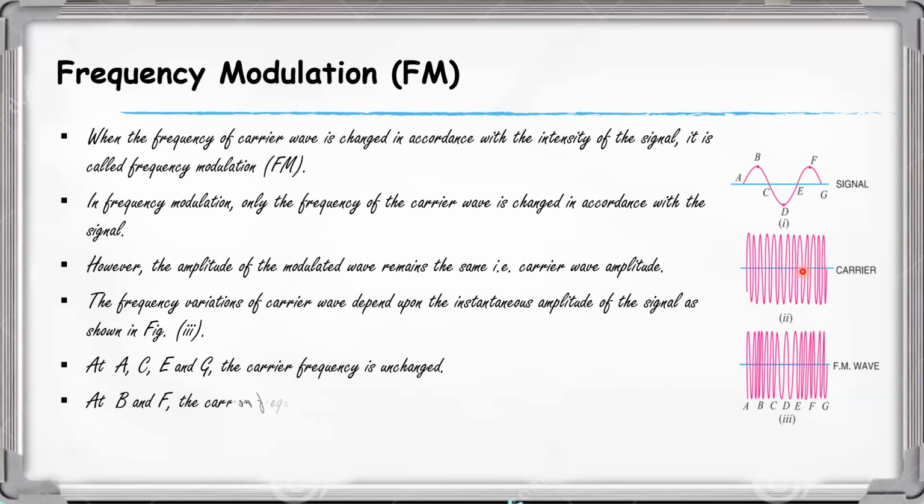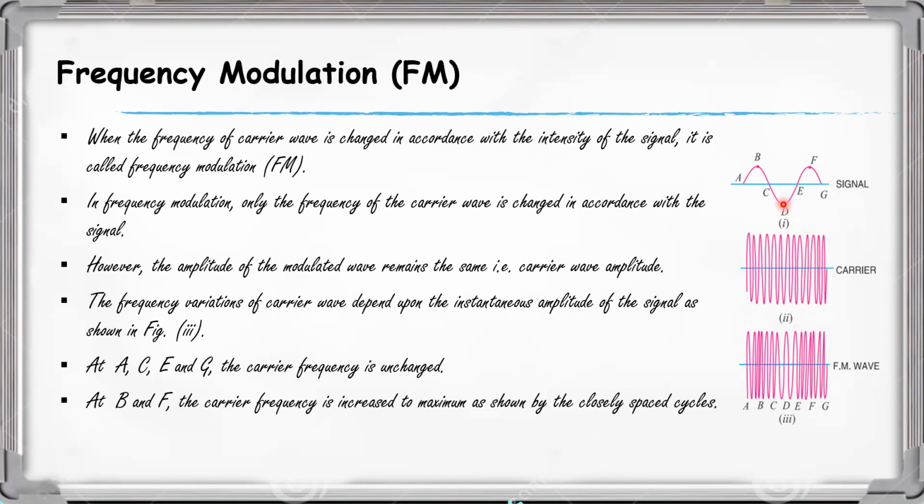Okay. And at the points B and F, the amplitude is maximum. Then maximum change occurred in the frequency. That means the frequency increased to a maximum at the points B and F. Okay.